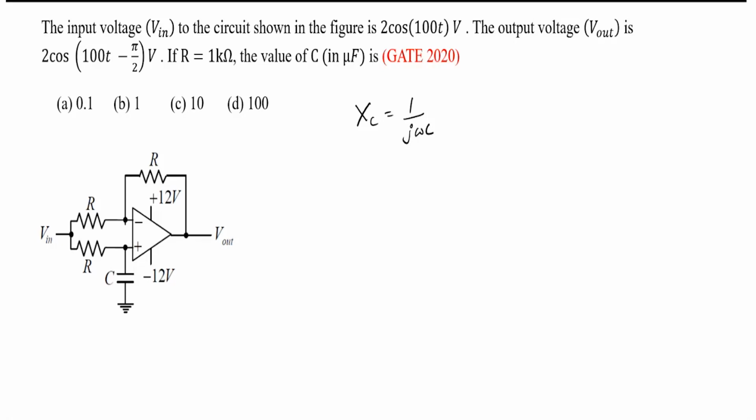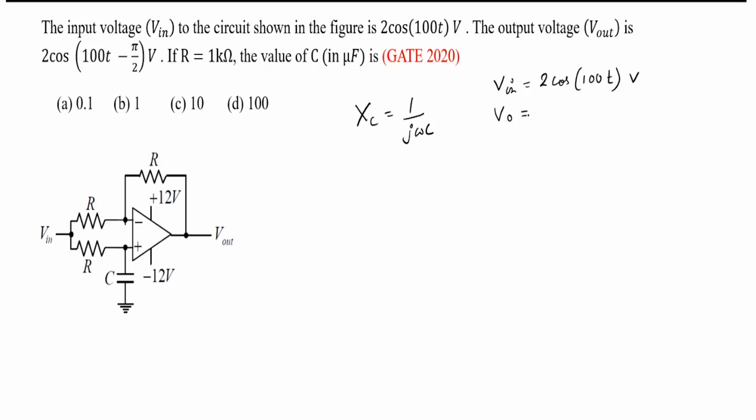Yes, sir. Okay, so what it is saying is the input voltage is 2 cos 100t volt. Here 100 is omega, because we write sine omega t, right?